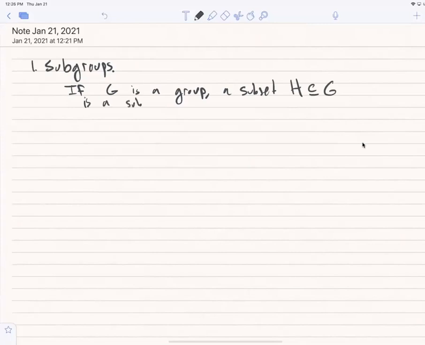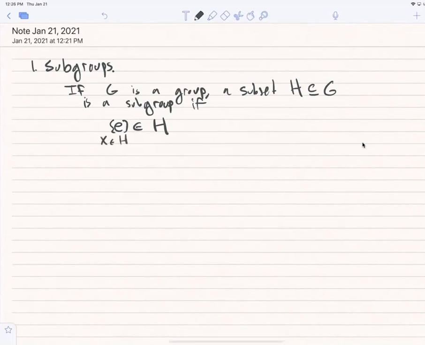Talk about subgroups. So G is a group, a subset H inside of G is a subgroup if the identity element is contained in H. You can replace this axiom with just saying that H is not empty in the presence of the next two axioms.